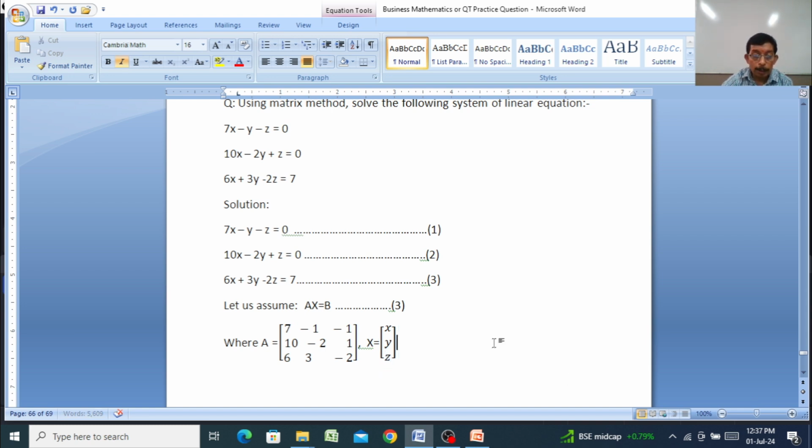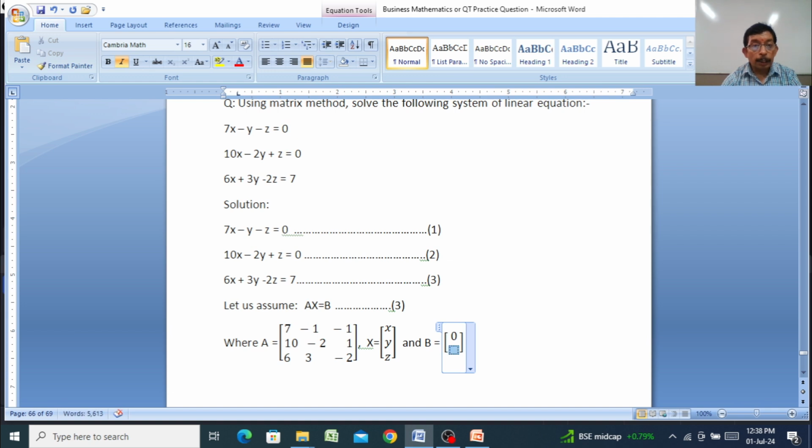Now the last value is B. B represents the matrix of the constant values given on the right hand side of the equations. In the first equation, the constant value on the right side is 0, note down 0.